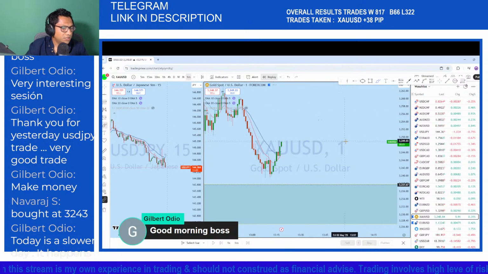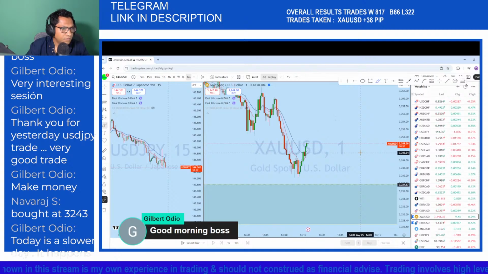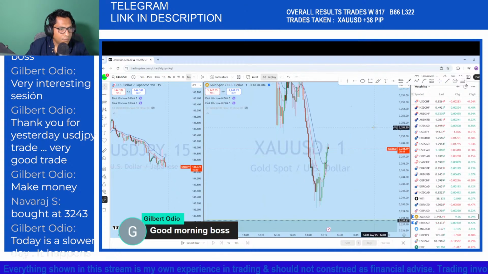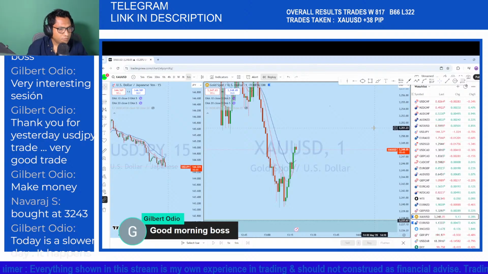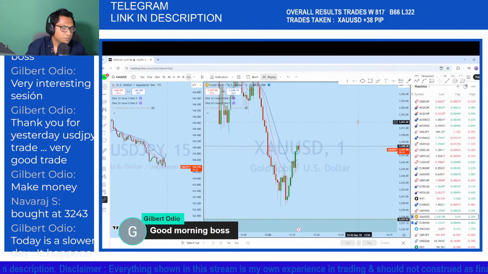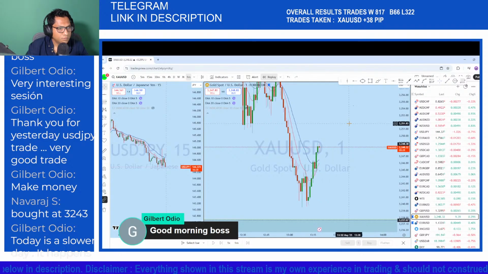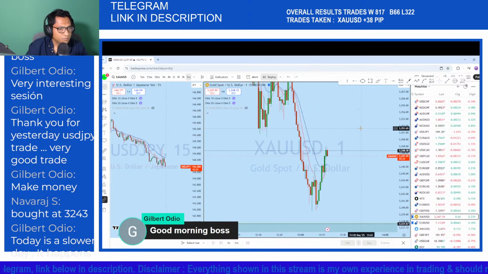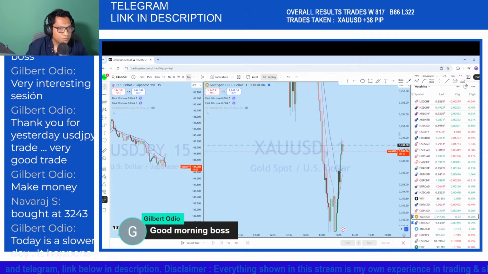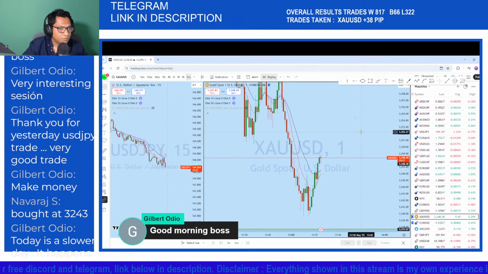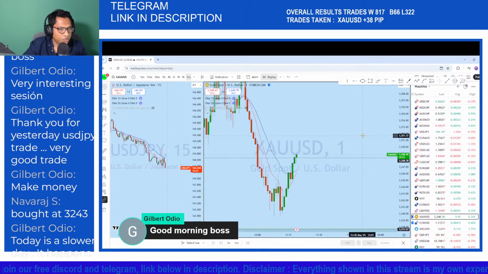On the lower time frame, the 1 minute chart, we are getting some local bullish move here.